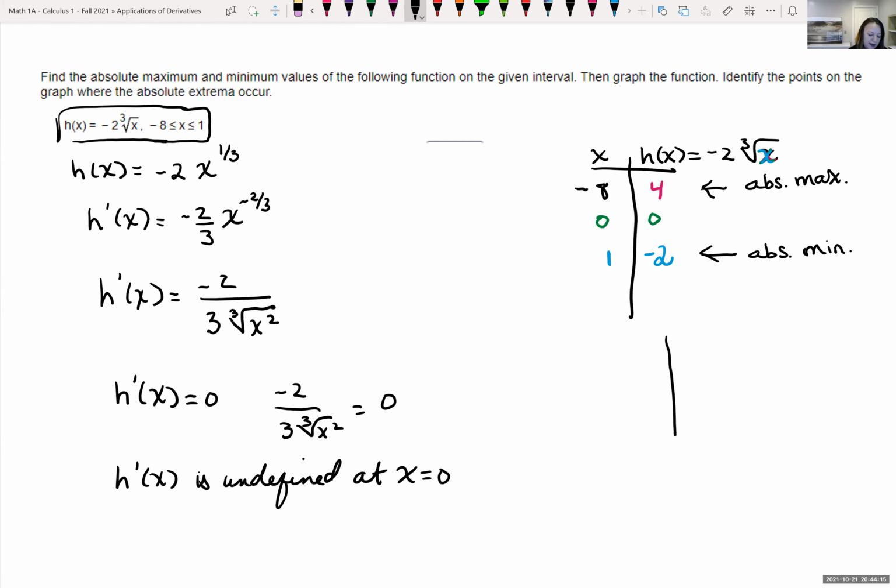So we want to graph this. At -8, we had 4. At 0, we had 0. And at 1, we had -2.